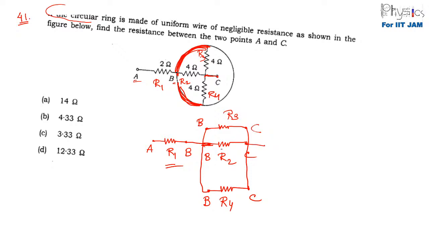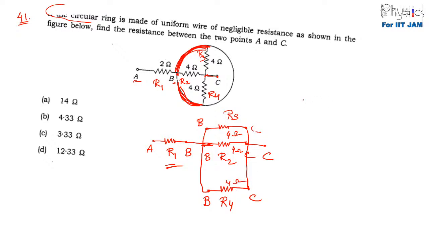So in between A and C, we have R1 in series with the parallel combination of R3, R2 and R4, right? So see, R3, R2 and R4 have resistance 4 ohm each, right? 4 ohm each.